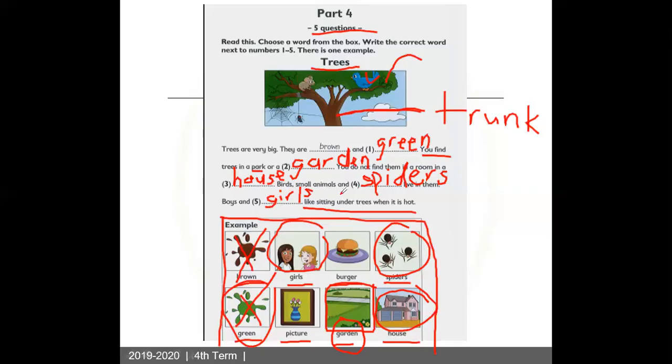Birds, small animals, and spiders live in them. Boys and girls like sitting under trees when it's hot. So that's the story about trees. I hope you understood and you learned the vocabularies. You do these exercises on your own at home.